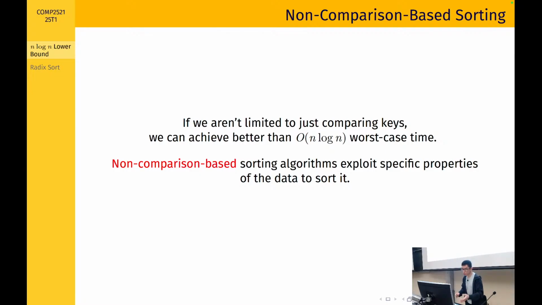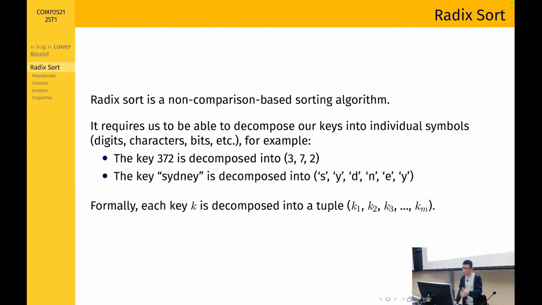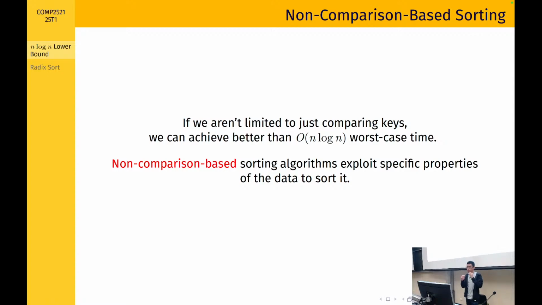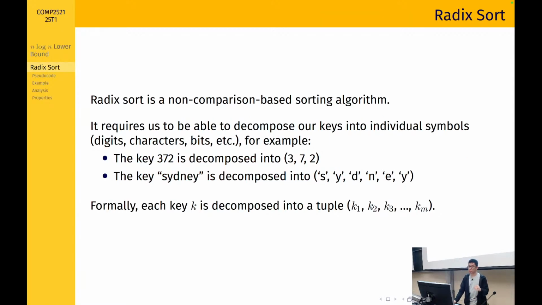And one such sorting algorithm is called radix sort, and what it assumes is that we can break up the data into symbols, or letters. What radix sort requires us to be able to do is to break up our keys into digits or characters or bits. For example, 372, we could break it down into digits, right?